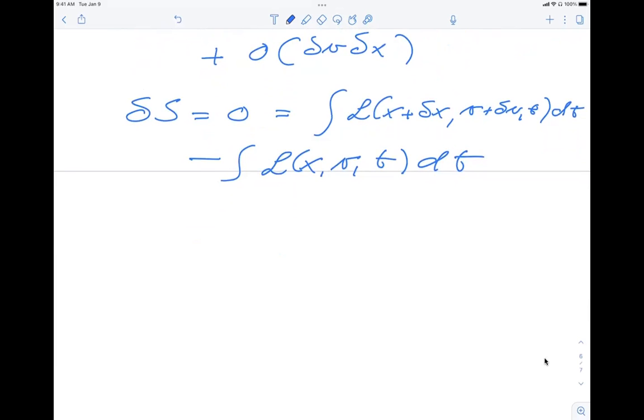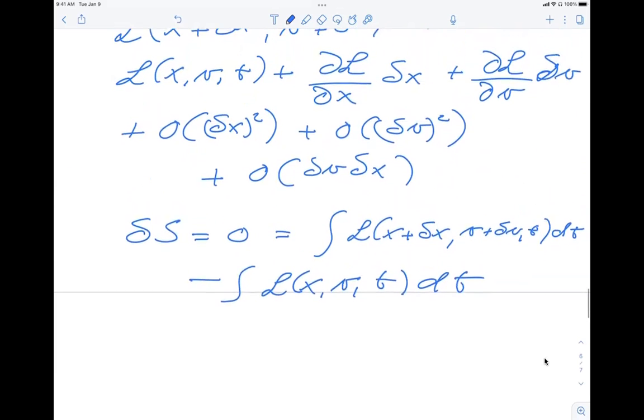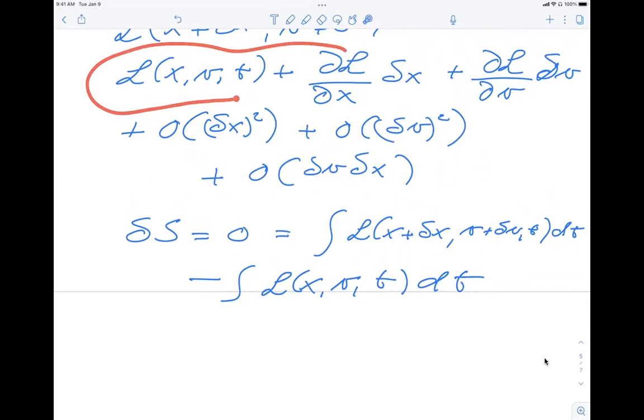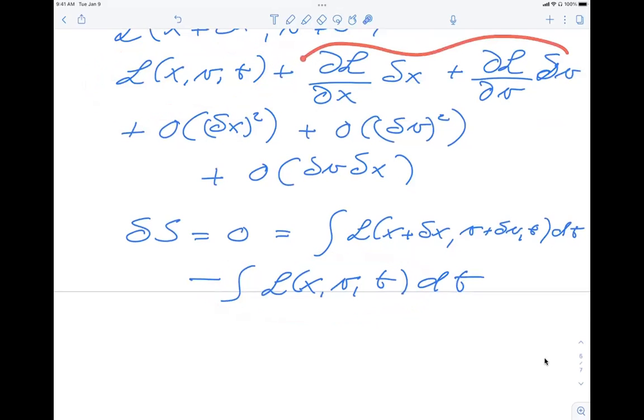When we plug in the equation which we have up here, you will see that the first term is going to cancel the second term, and then we are simply left with these two terms.